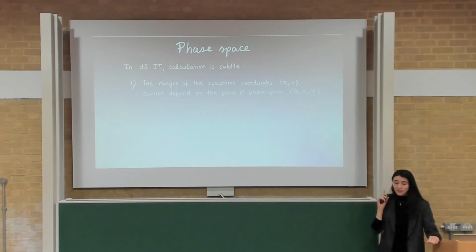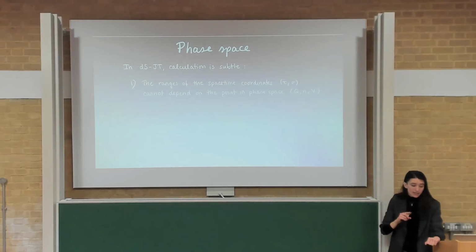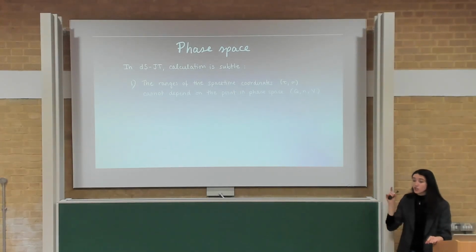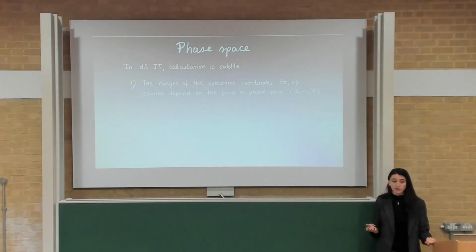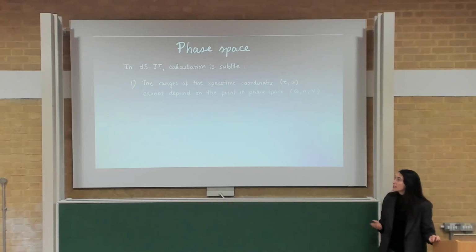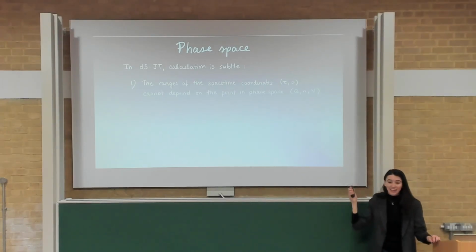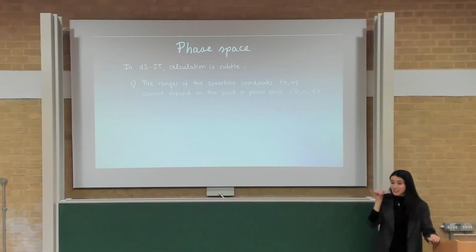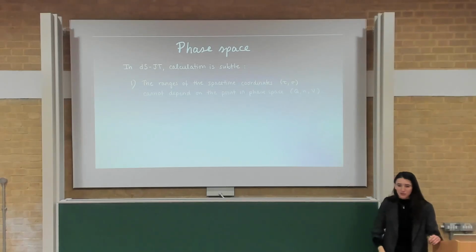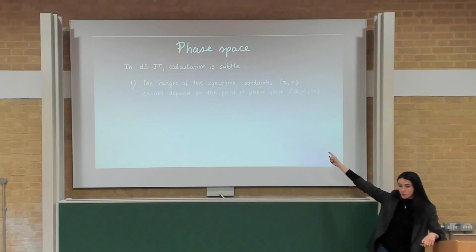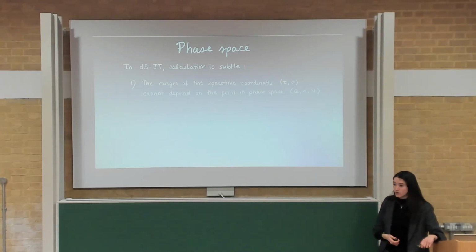One is that the approach I just described relies on the ranges of the spacetime coordinates not depending on what point in phase space you're at, on what solution you're trying to study. But here, of course, that is not the case. In the case of the solutions where Q is time-like, the range of sigma depends exactly on the norm of Q, the observable we're interested in. So the ranges of the coordinates do depend on the point in phase space.